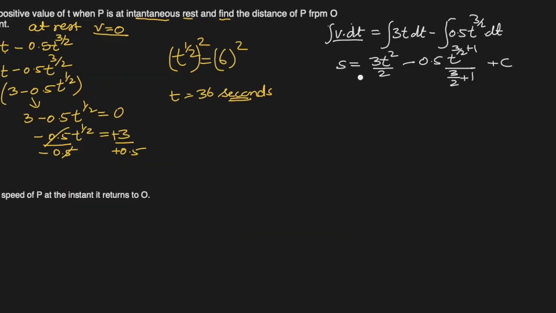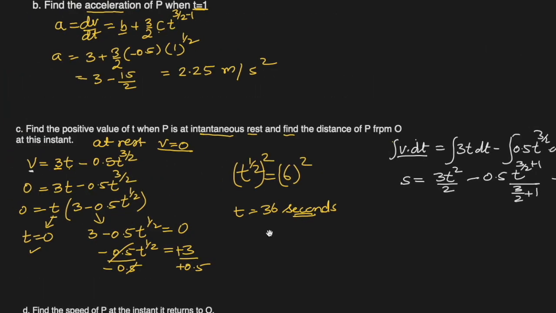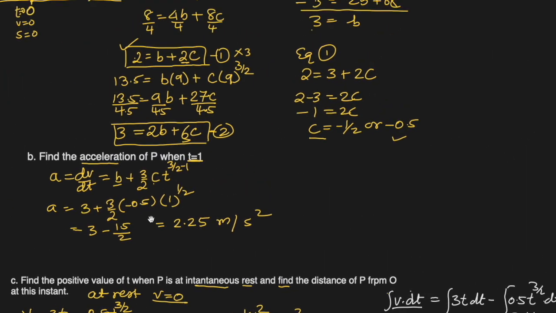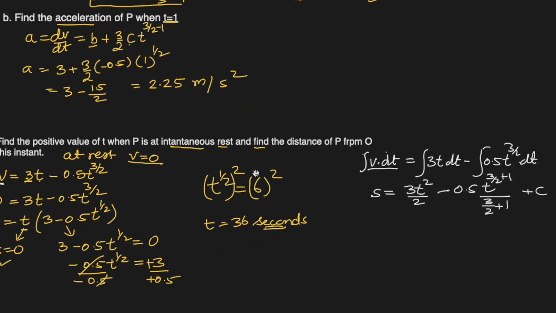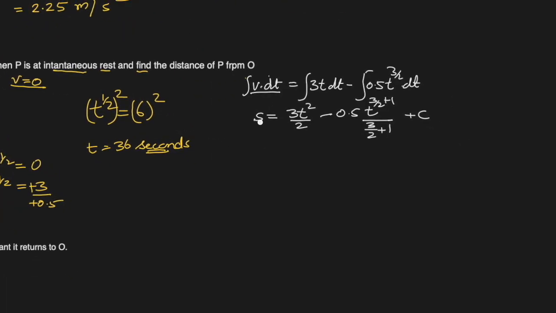To find c, as we discussed earlier, when the time was 0, the displacement was 0. So we will use this fact to find the value of c here. Time is 0, that means this whole thing will be 0. Again time is 0 here, this whole thing is 0, plus c. That means c is insignificant in this case.